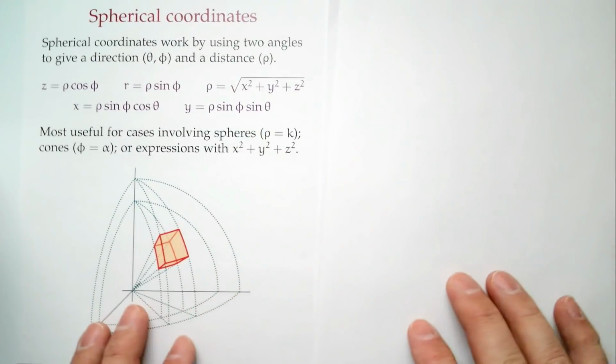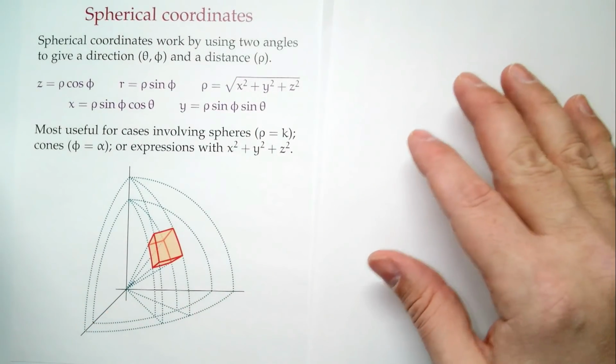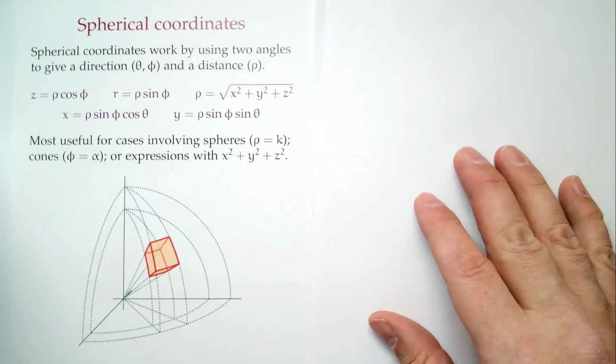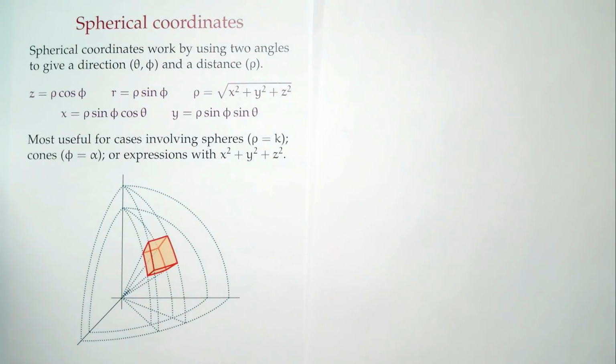Now to the fun one, the spherical coordinates. I have a couple notes here. So the spherical coordinates, it's useful to remember that the way that spherical coordinates work is that you have two angles involved, and then you have a measurement of distance.